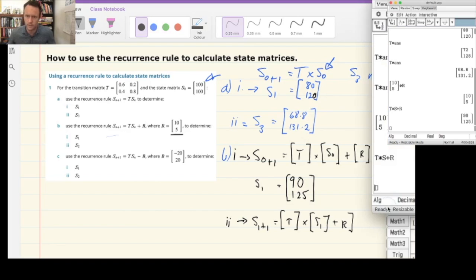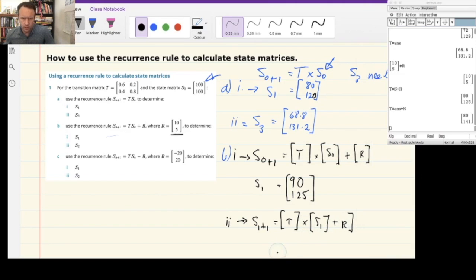So on the CAS, this is going to be easiest to do by T times our answer and then plus R. Okay. And we get 89 and 141. Okay, so that's S2's value.